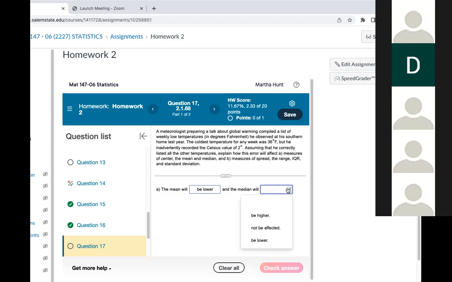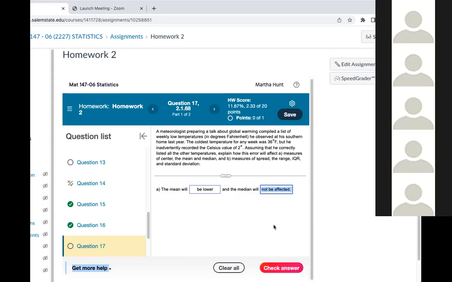What about the median? The median is the middle 50%. Is one extremely low observation going to affect the median? No, it won't be affected.